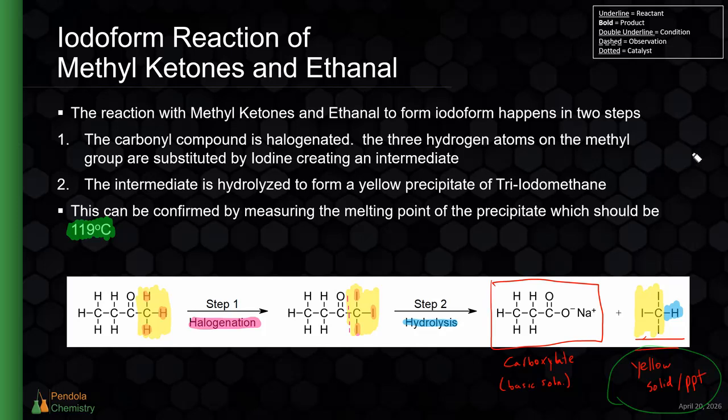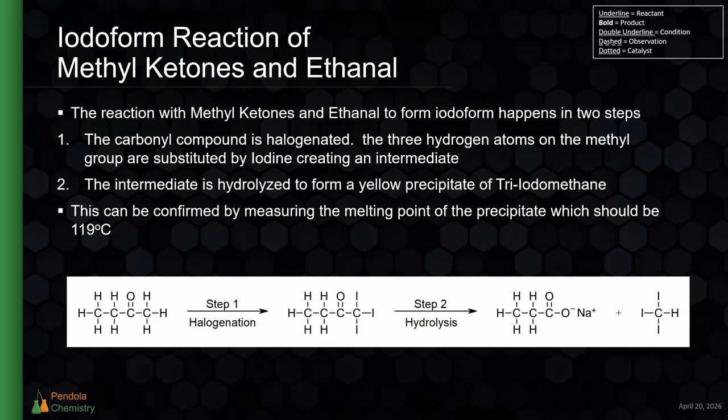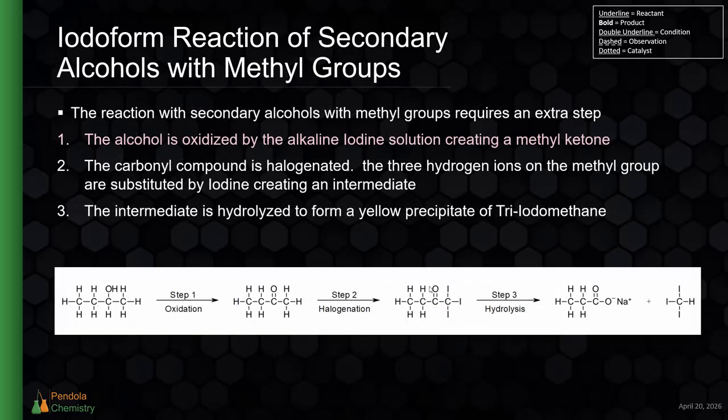With secondary methyl alcohols, something similar happens, but an extra step is added. The reason why a secondary alcohol with a methyl group also gives a positive iodoform test is because of an additional step that happens when we add aqueous alkaline iodine.